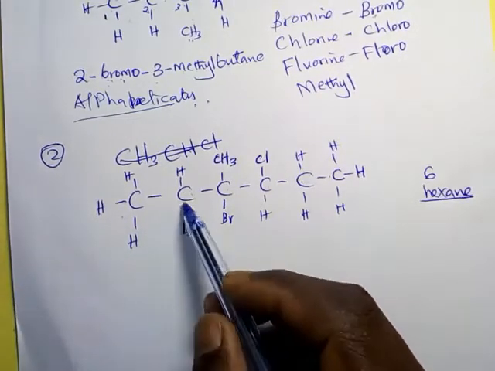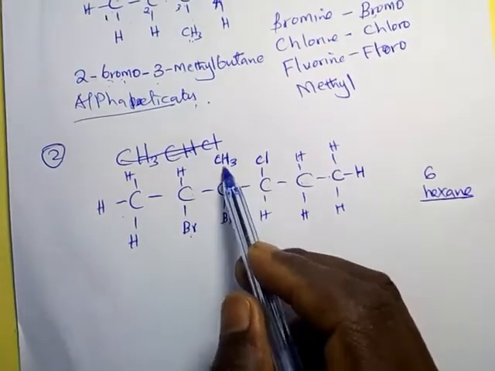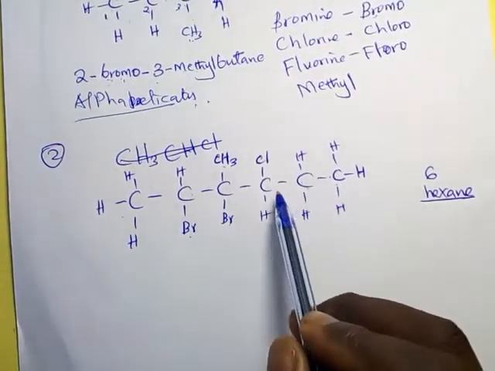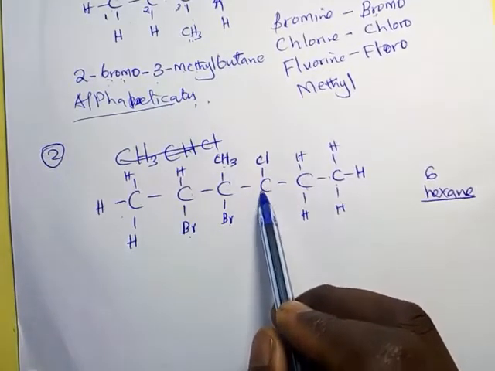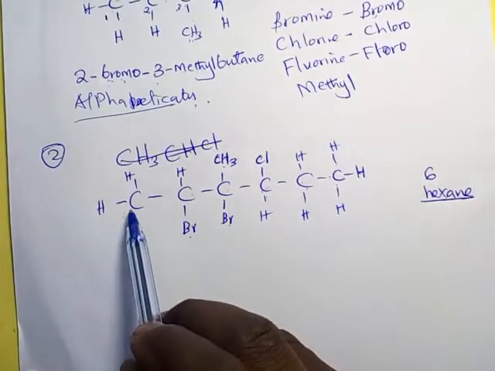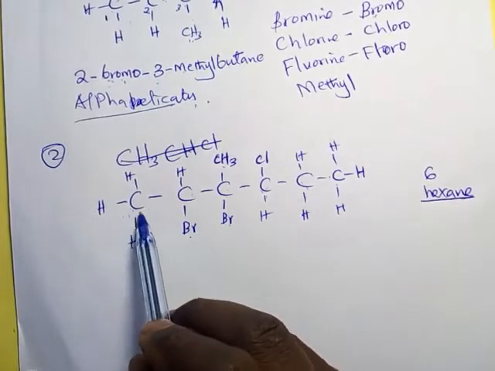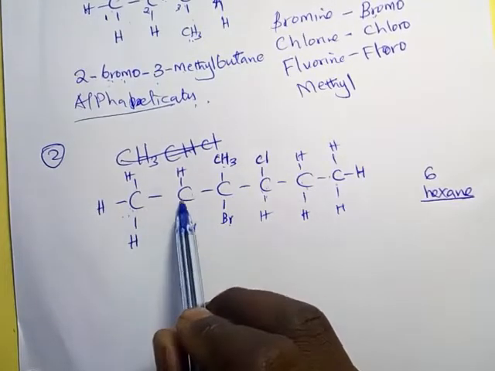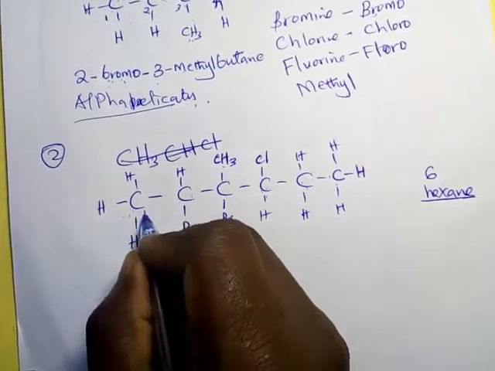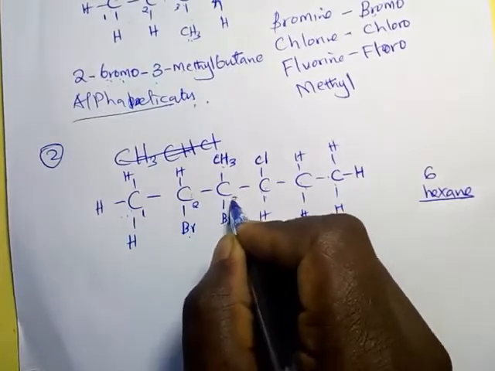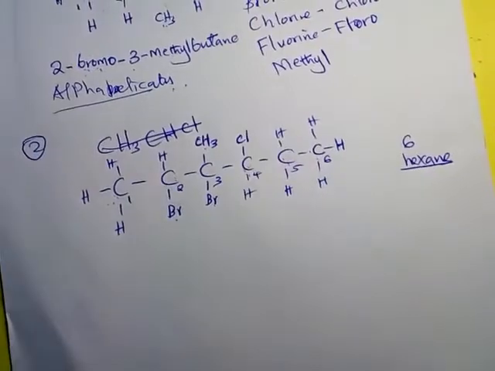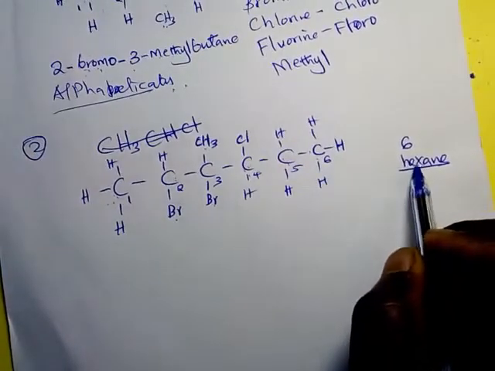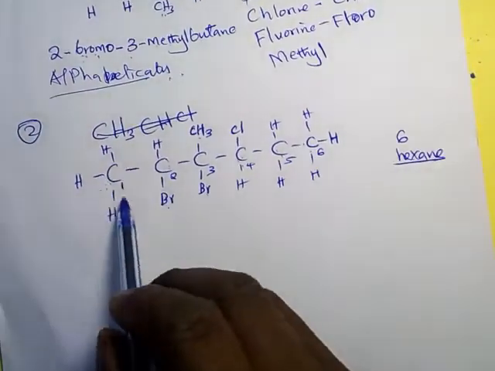The branches are here, bromine, bromine. If we start 1, 2, 3, we find the first branch at carbon number 3. If we start here 1, 2, we find the first branch at carbon number 2. Therefore it is important we start numbering here: 1, 2, 3, 4, 5, 6.